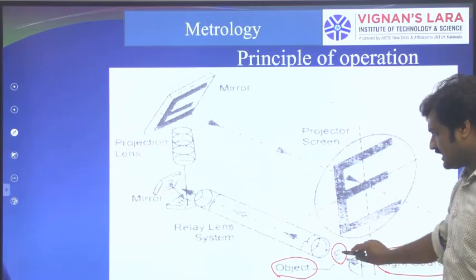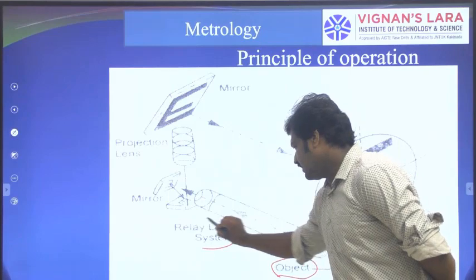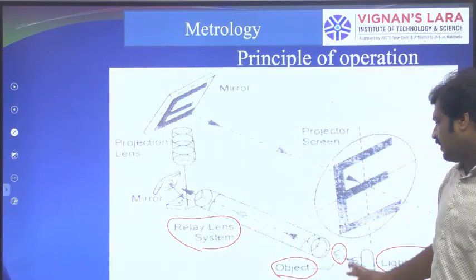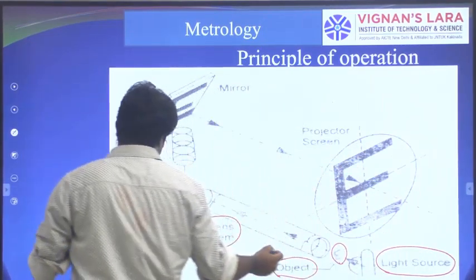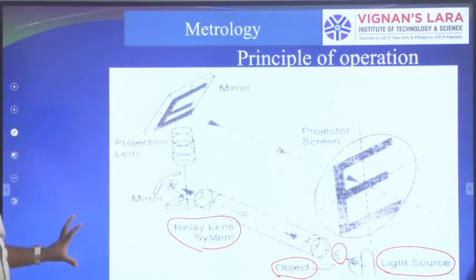After that, these rays are transferred through a relay lens system, and the rays are reflected on the mirror. Earlier in the tool maker's microscope, we used 3 different prisms to travel our light rays. Here we are using mirrors.